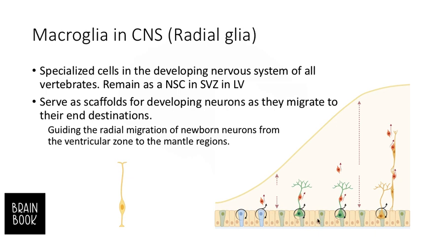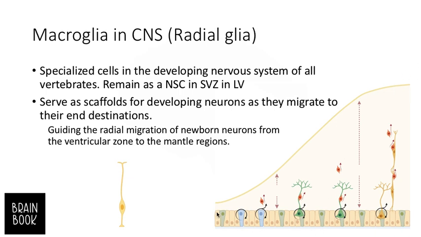As you can see here, it's radial glia cells, and these cells play as a scaffold and help neural stem cells to migrate to different places here and find their final destination. And these radial cells guide newborn neurons from the ventricular zone to the mantle region.